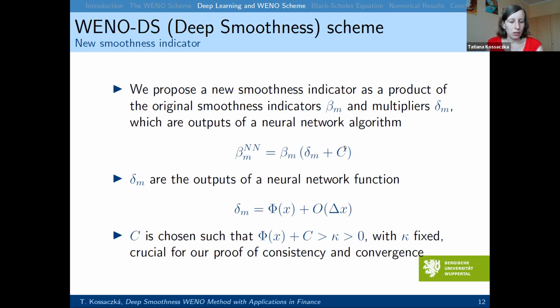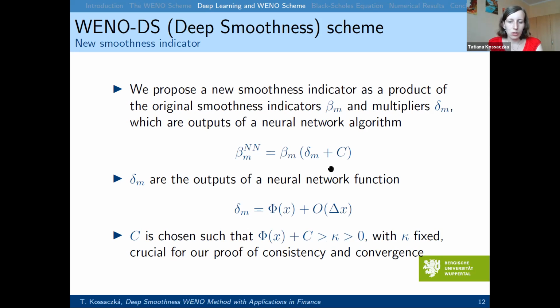And C is just a constant, which is also important for our proof of consistency and convergence. In our research, we've chosen this C to be equal to 0.1. But you could also choose another number, another constant. Important is that this is bigger than some kappa, and this is bigger than 0, just for our proof of consistency and convergence.